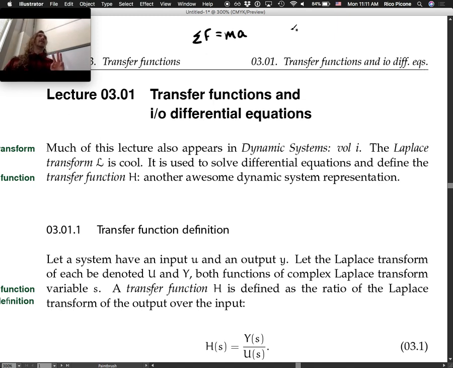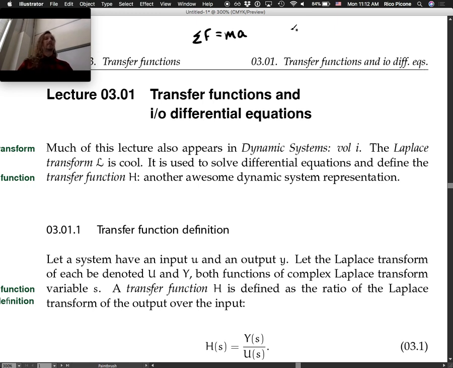There are ways to convert among these different representations, and there are advantages in different situations to being in different representations. So we want to be comfortable constructing dynamic system models in multiple ways, and also in transforming that representation. Not all representations are equivalent.